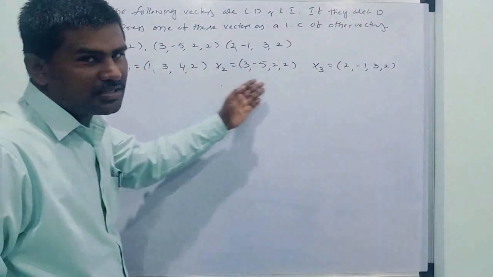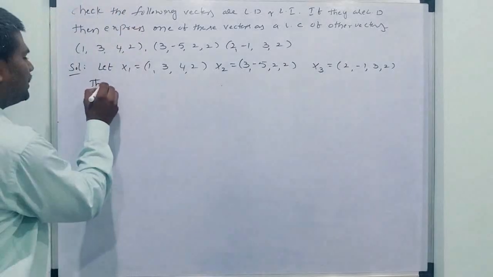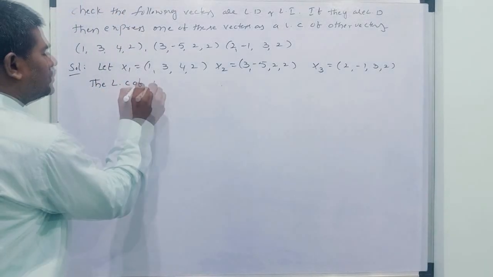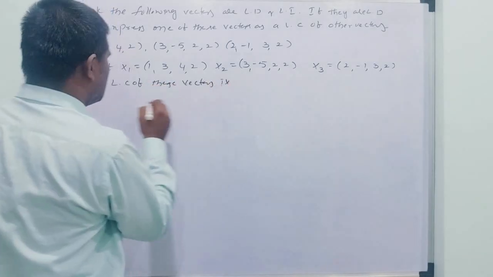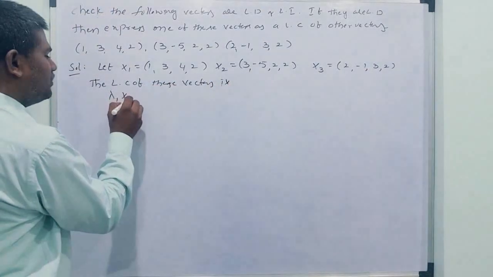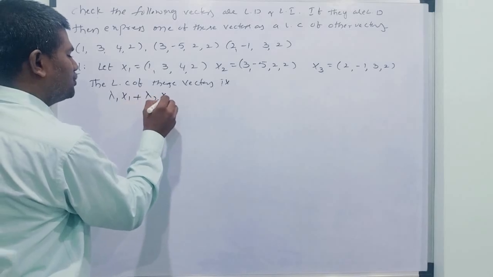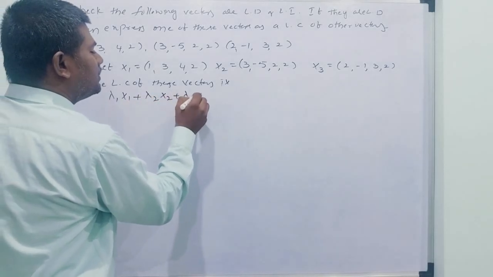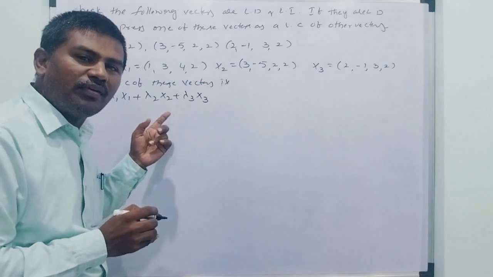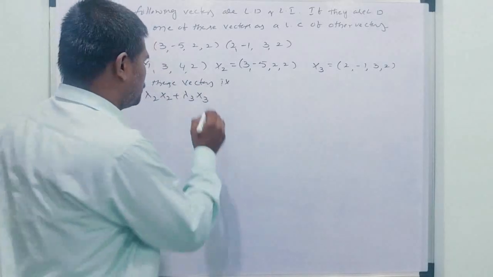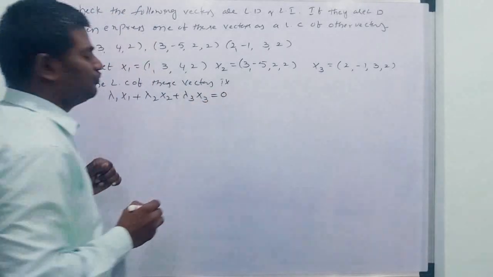The linear combination of these vectors is lambda 1 x1 plus lambda 2 x2 plus lambda 3 x3, and equate this linear combination to 0.